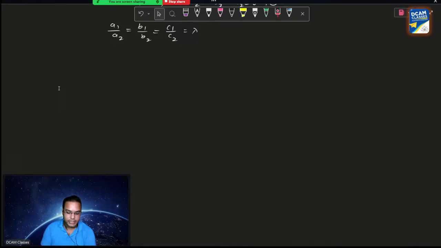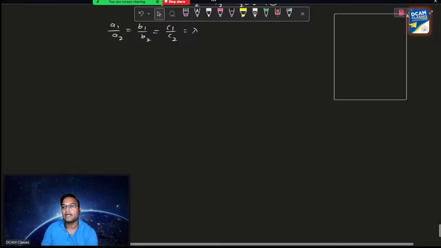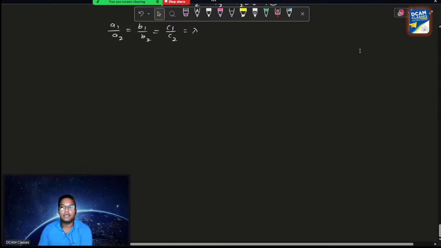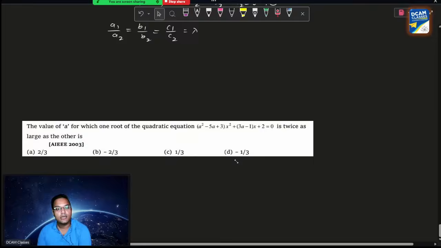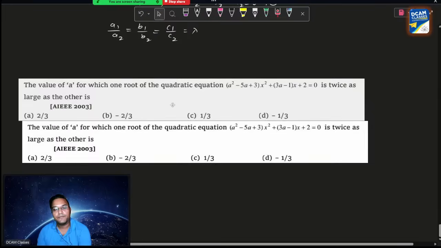But the important thing is, do you remember or not? How to draw the parabola? Because this quadratic equation actually represents the graph of the parabola. The rest of the things we have discussed in inequalities actually, so no need to discuss them again.